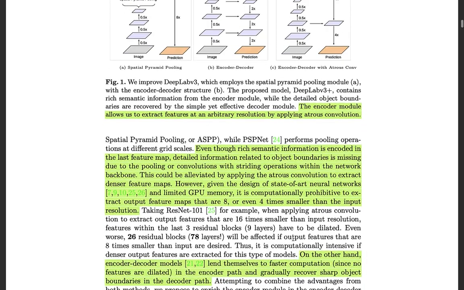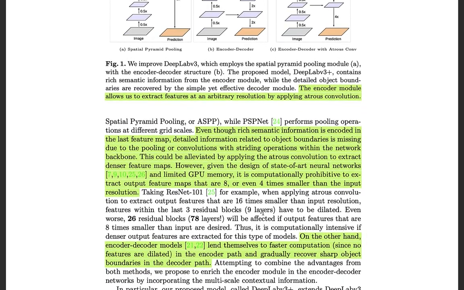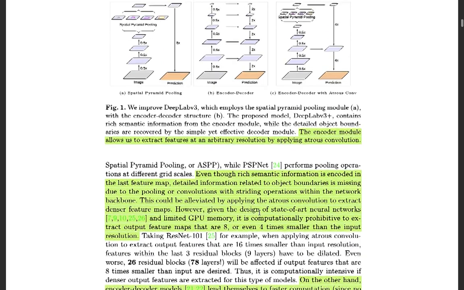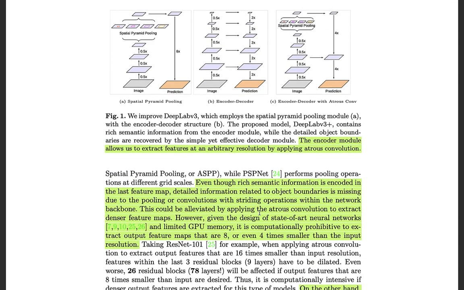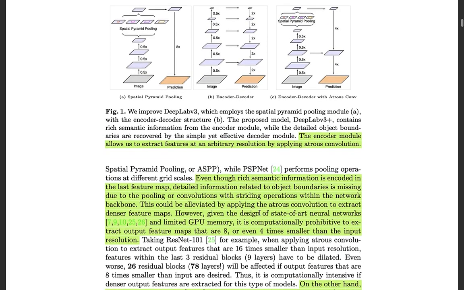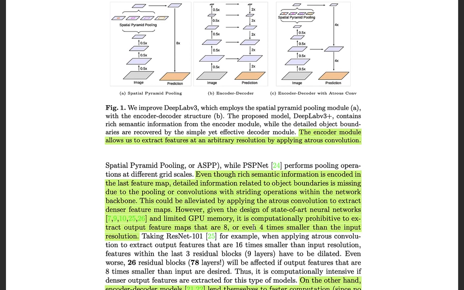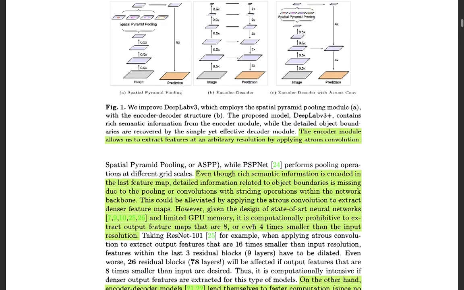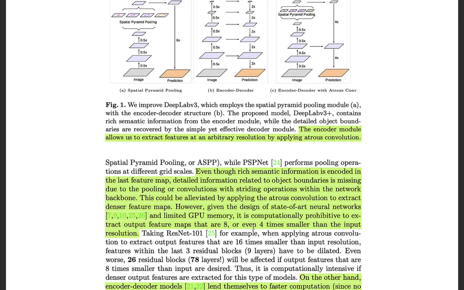So another method that has been proposed instead of using the encoder-decoder is that we can keep the resolution constant, or at least smaller than the input resolution by a factor of 4 or 8, and this will give us enough spatial information to give an accurate result for our input image and get a better mask.